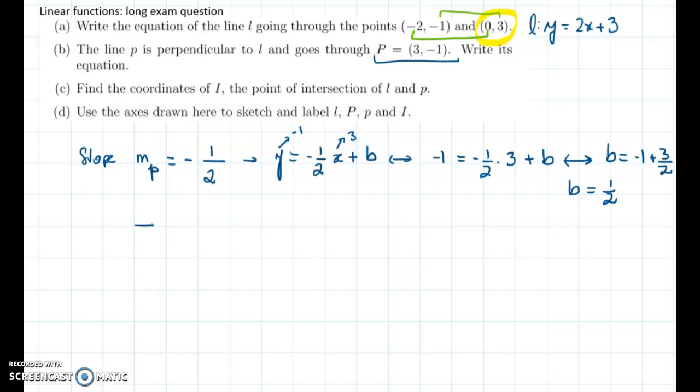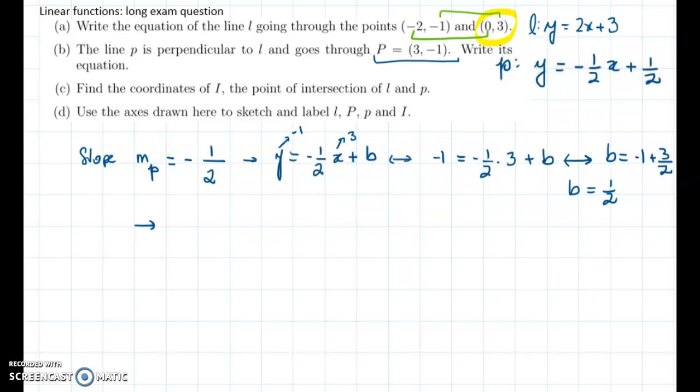So now I can write what is the equation for my line P. It is y is equal to -1/2 x plus 1/2. And again, I'm going to keep this result because we will need it later. I'll add it over here.